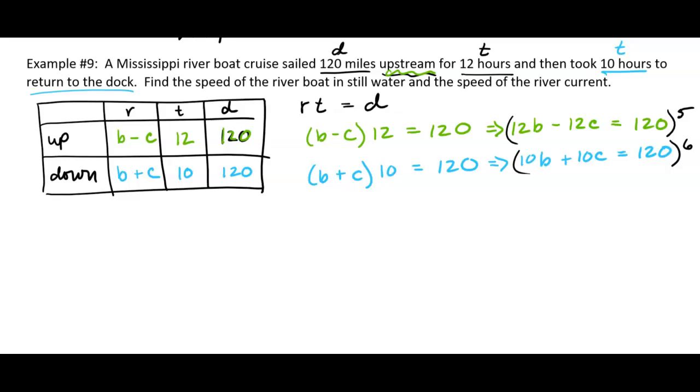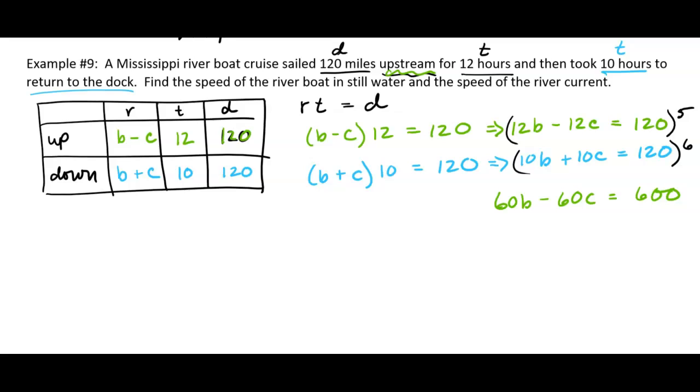So now my top equation is going to say 60b minus 60c equals, 1,000? No, that's not right. It should be 600. We're multiplying here. Okay, that should be right.